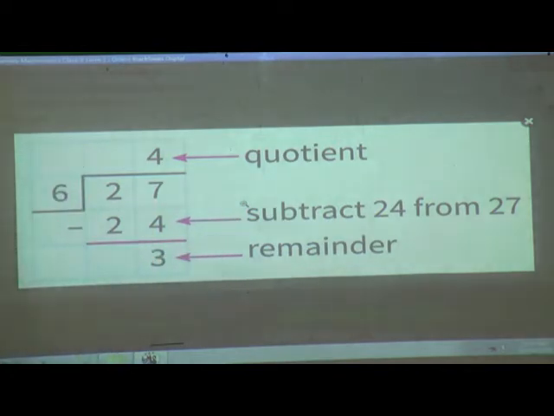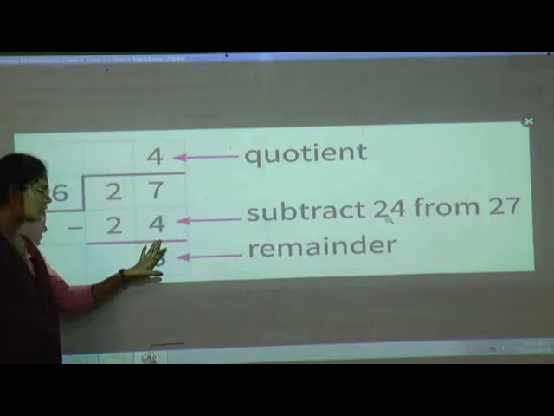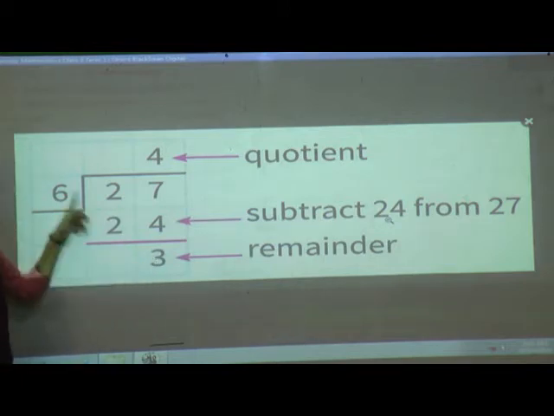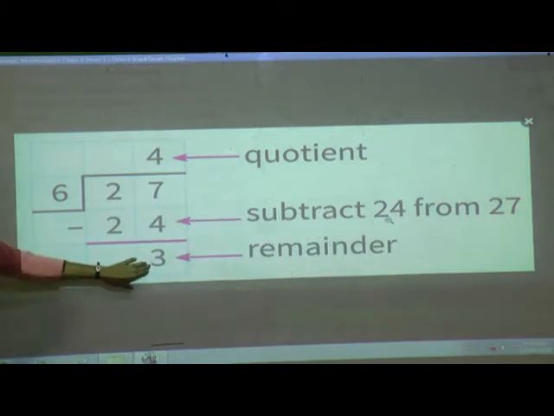Understood? Okay. Now after this subtraction, whatever number remains here, that is called the remainder. And always the remainder should be smaller than the divisor. Understood?